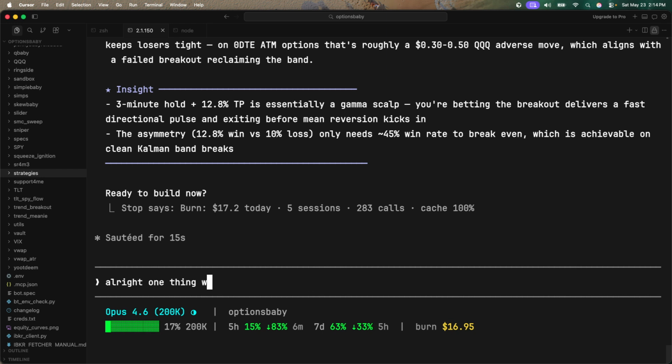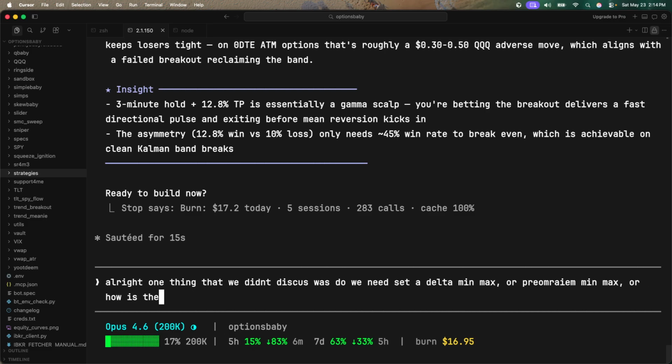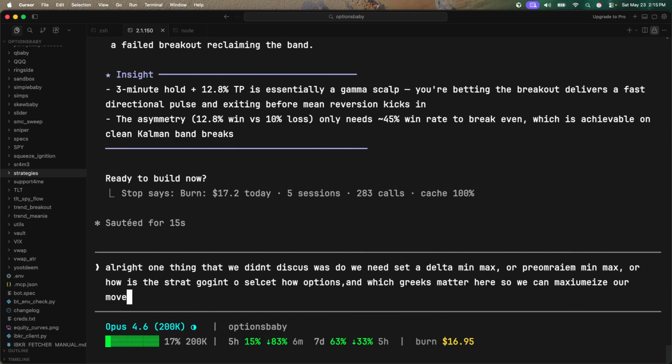One thing that we didn't discuss was, do we need to set a delta min max or premium min max, or how is the strat going to select options, and which Greeks matter here so we can maximize our moves.